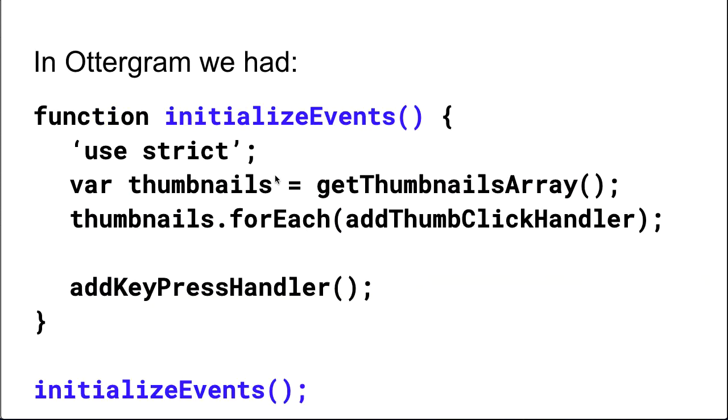So this is our initialize events. We define it. We get the thumbnails out. We call get thumbnails array, and then for each of the thumbnails we do a bunch of stuff.